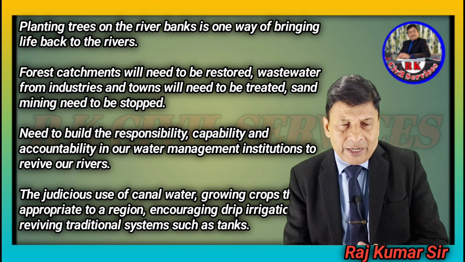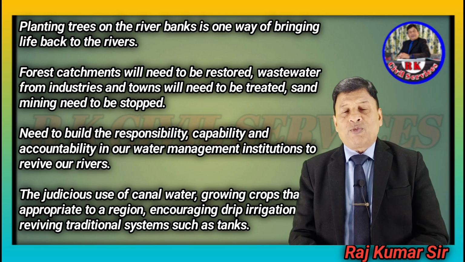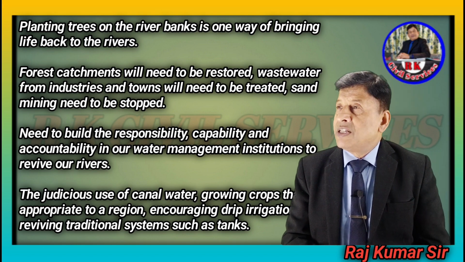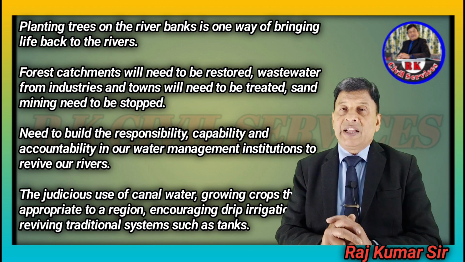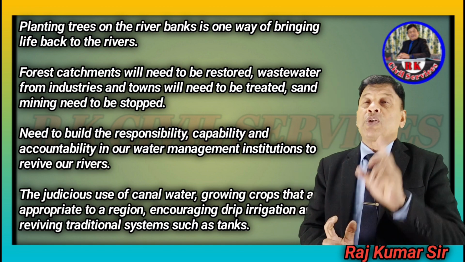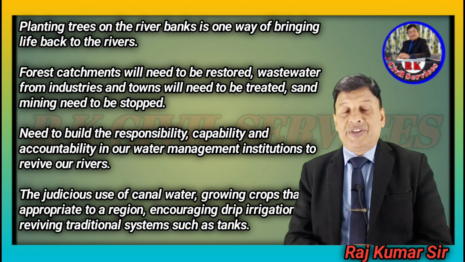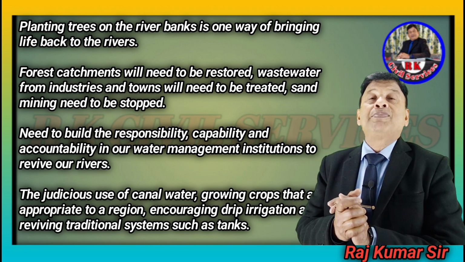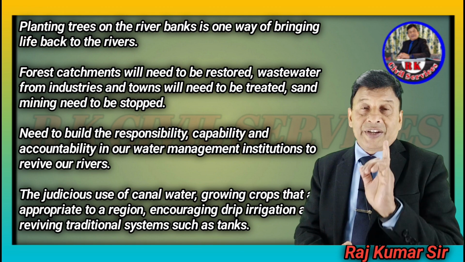Next point, need to build the responsibility, capability and accountability in our water management institutions to revive our rivers. Okay, fine. The judicious use of canal water, growing crops that are appropriate to a region, encouraging drip irrigation and reviving traditional systems such as tanks.